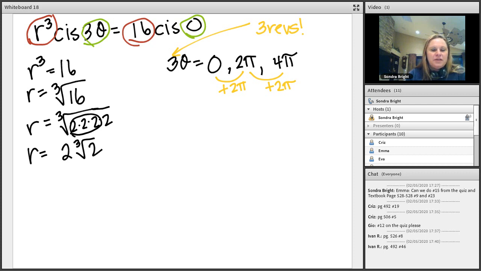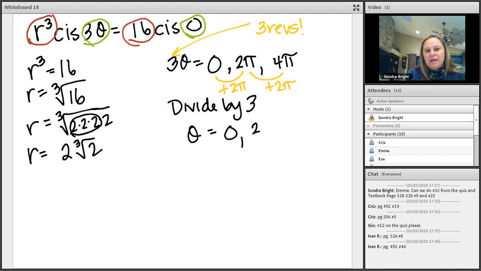Then you've got to divide both sides by 3 to get theta. So theta will now equal 0 divided by 3, still 0, and then 2 pi over 3 and 4 pi over 3.